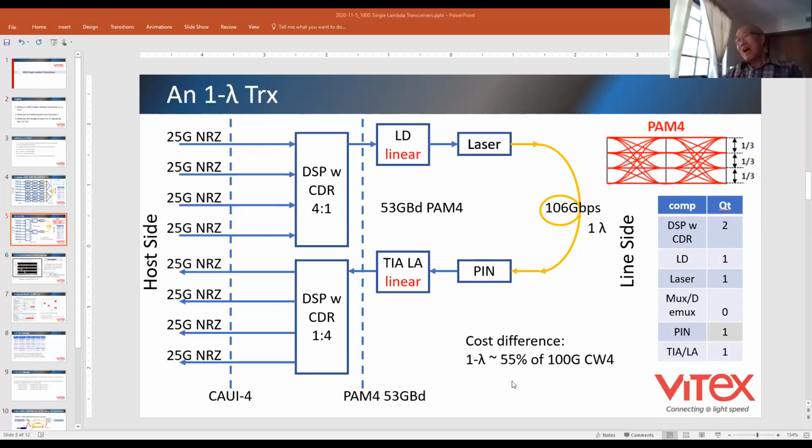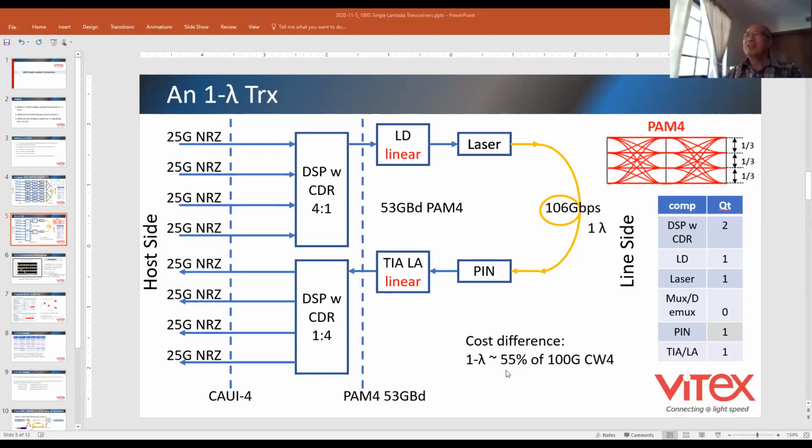But you don't expect the cost to go down as the ratio of the component counts, right? Simply because the DSP is pretty expensive, so it outweighs everything. But you have a little bit of saving in terms of material. It's about 55% of the CWDM4.